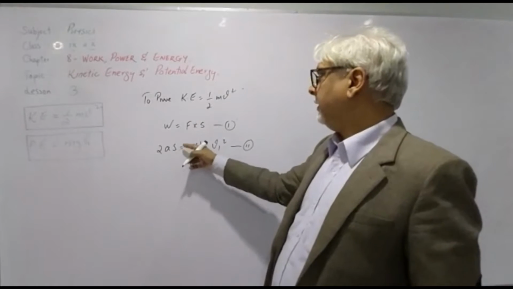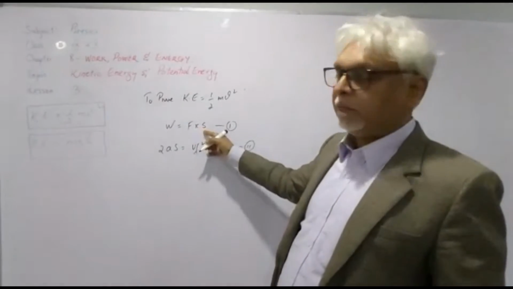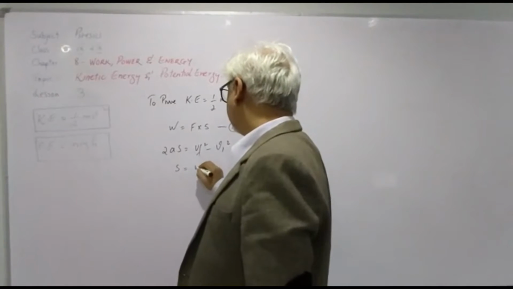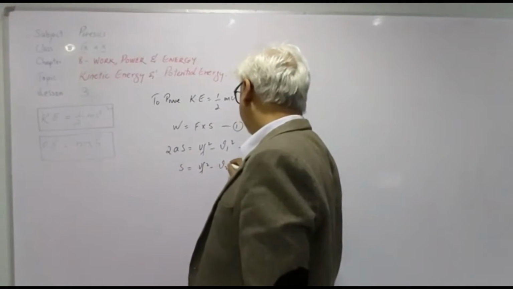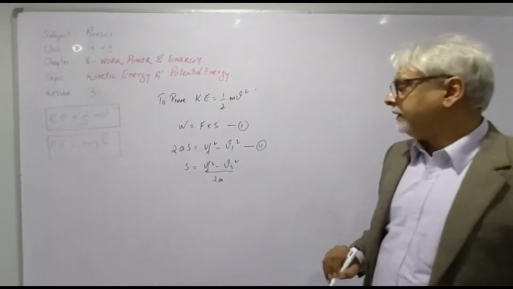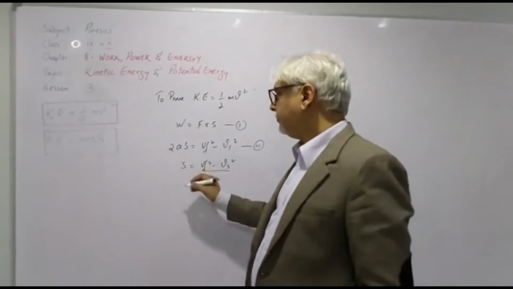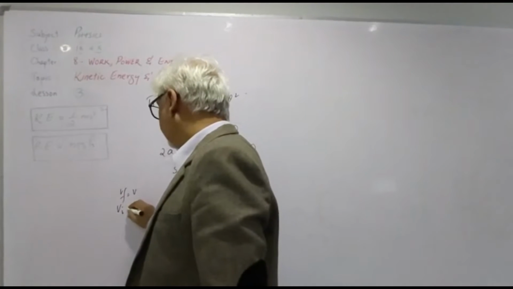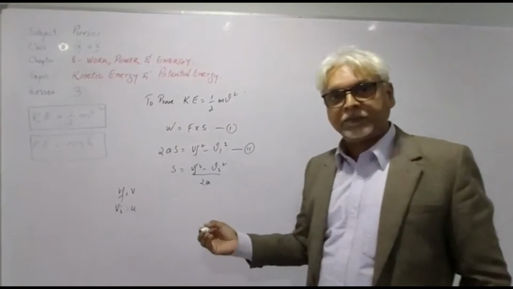So that we could substitute it in equation number 1, I'll move 2a to the other side. I'll get s is equal to vf squared minus vi squared upon 2a. In some books you will find that vf, your final velocity, is taken as v, and vi, your initial velocity, is taken as u. It doesn't matter.